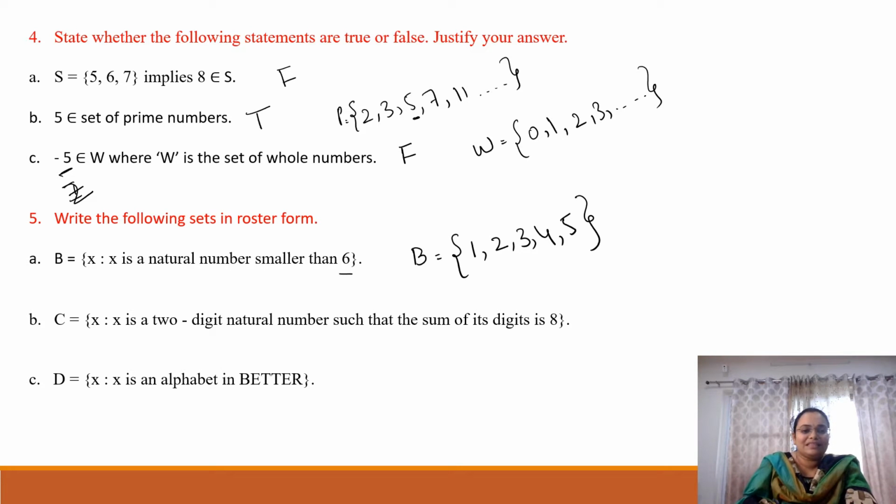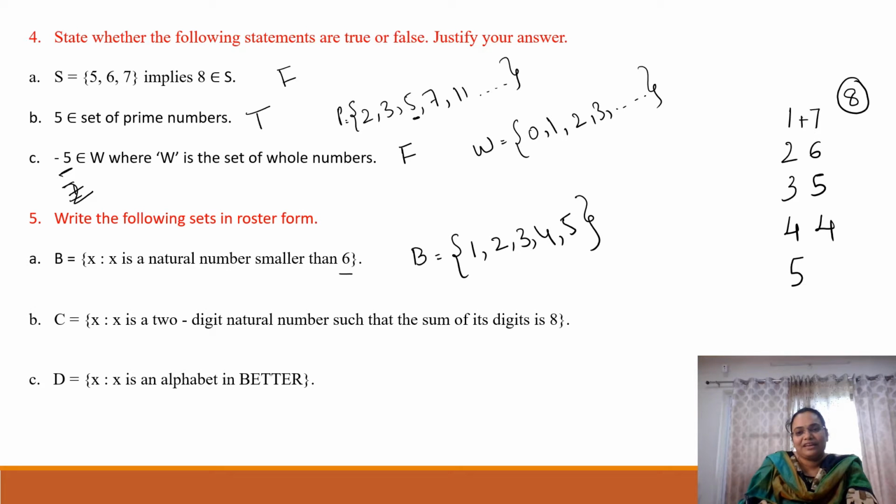And the next one is, C is equal to {x such that x is a 2-digit natural number such that the sum of its digits is 8}. What are the 2 digits? If you add, the answer is 8. They are 1 and 7, correct? If you add, it is 8. In the same way, 2 and 6, 3 and 5, yes? 4 and 4.